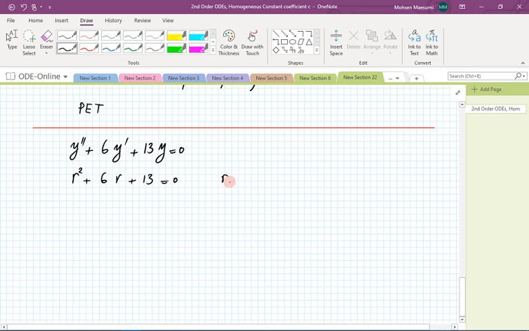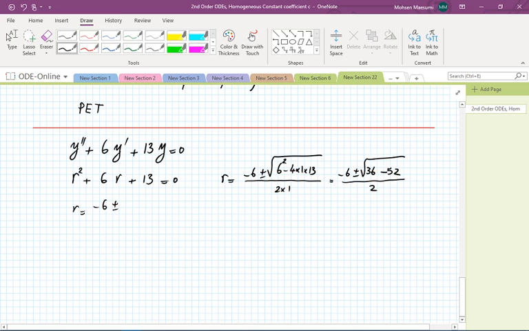So r is minus 6 plus or minus the square root of 6 squared minus 4 times 1 times 13, over twice the leading number, minus 6 plus or minus the square root of 36 minus, what is that, 52. So r becomes minus 6 plus or minus the square root of minus 16 over 2.